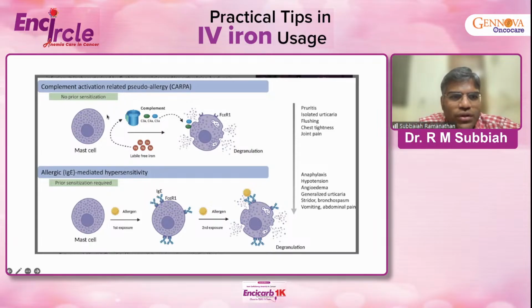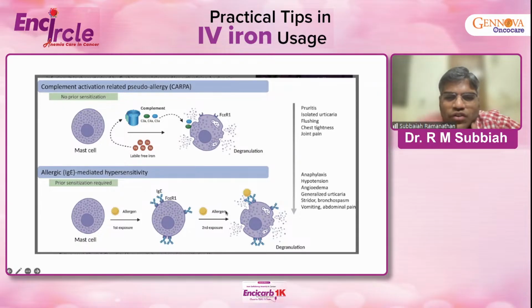On the top, first we'll discuss the allergic IgE-mediated hypersensitivity, so it'll be easy for you to understand. We know this is a type 1 hypersensitivity reaction. Pre-sensitization is required. On the first exposure, the allergen might sensitize the mast cells, as IgE binds to the Fc epsilon R receptors.